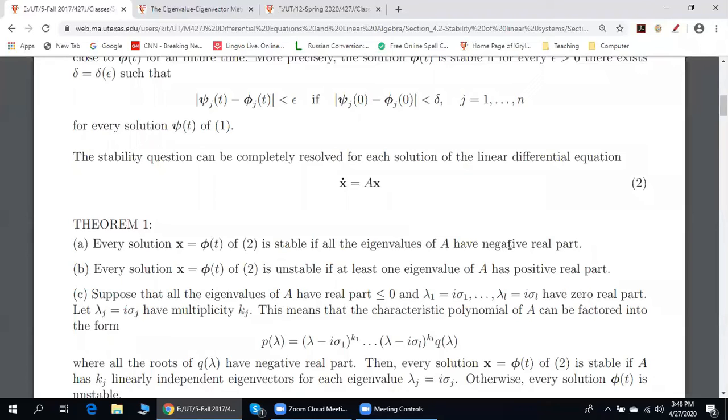If there is an eigenvalue where a real part is positive, all solutions are unstable. Therefore, let us assume that there are no eigenvalues where real part is positive. This means that all eigenvalues have either negative real part or 0.